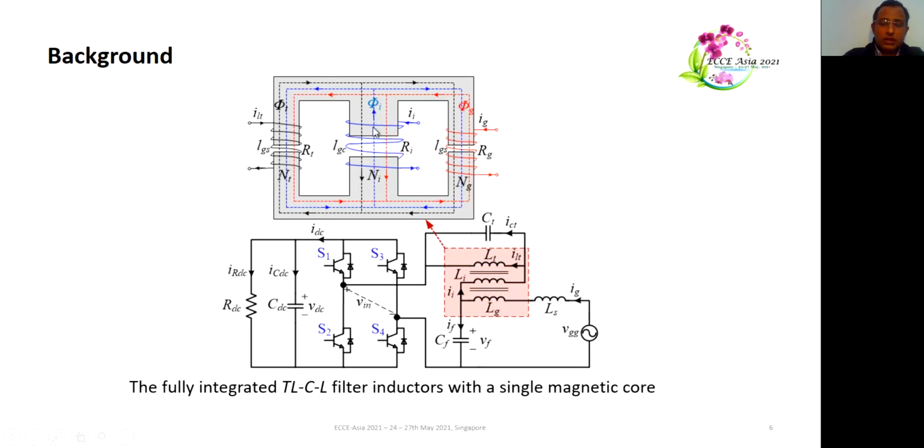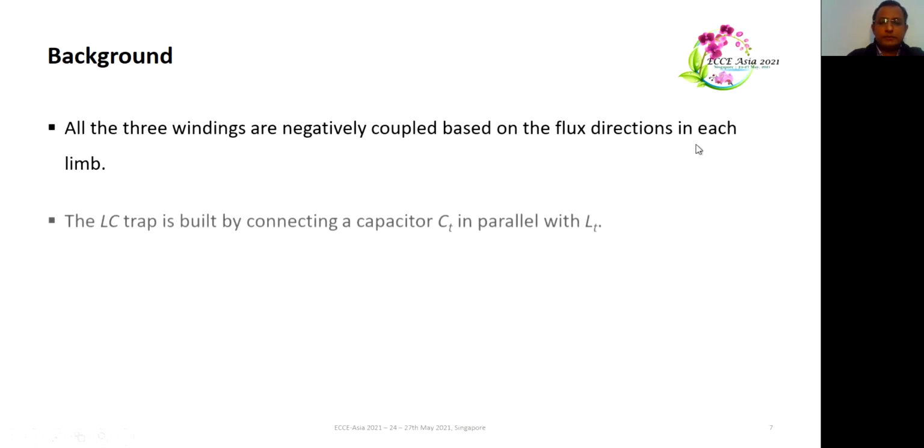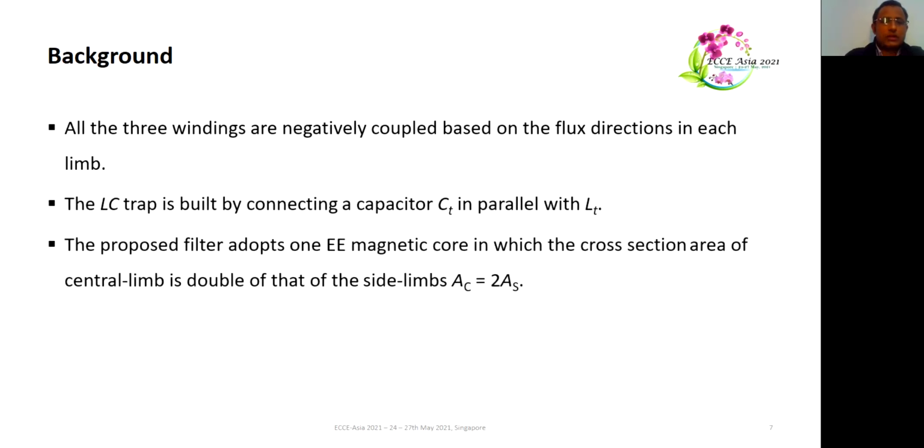This is the central limb and these are the two side limbs. All the three windings are negatively coupled based on the flux direction in each limb. The LC trap is built by connecting a capacitor CT in parallel with LT. The proposed filter adopts one magnetic core in which the cross-section of the central limb is double that of the side limbs.